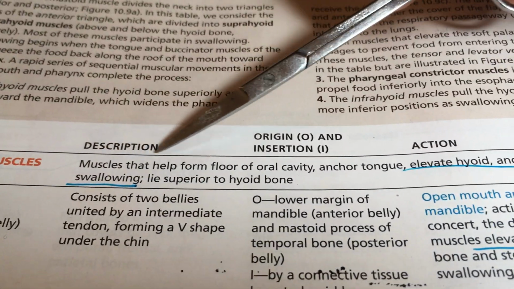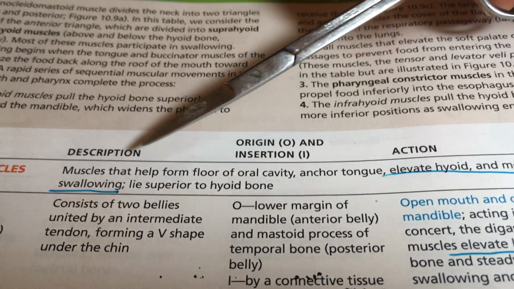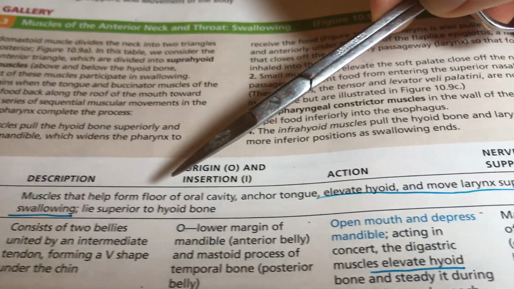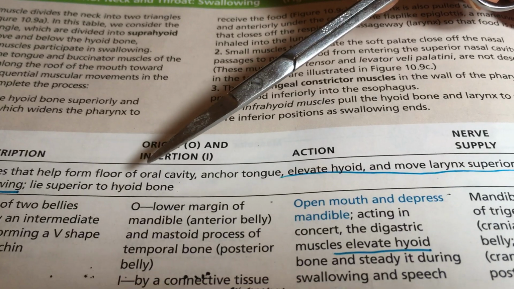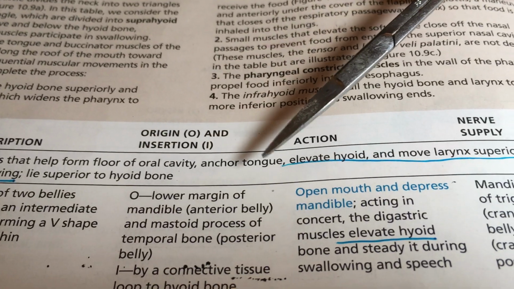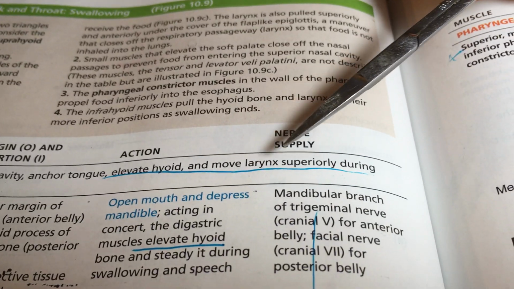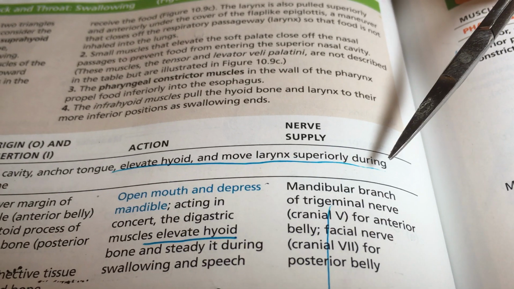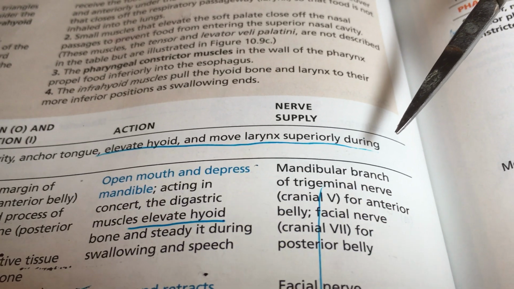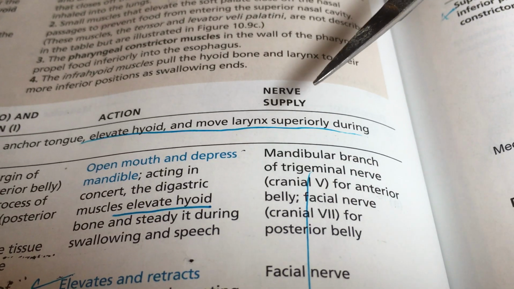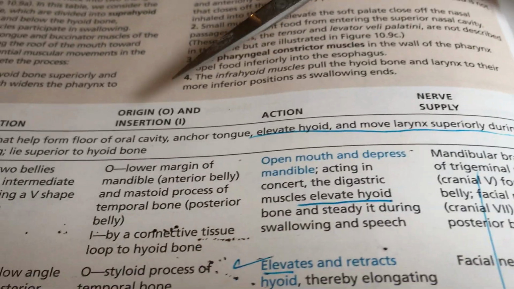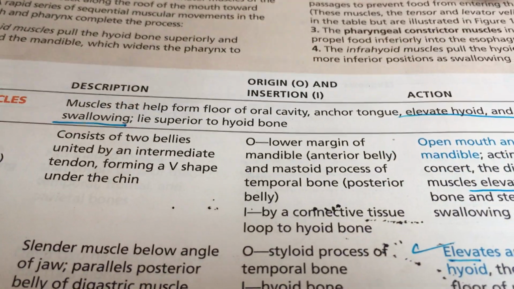this little advice right here: there are muscles that help form the floor of the oral cavity, but the main thing is that they're elevating the hyoid and moving the larynx. Sometimes when we're speaking, we elevate it and move the larynx superiorly, but it's mainly during swallowing.